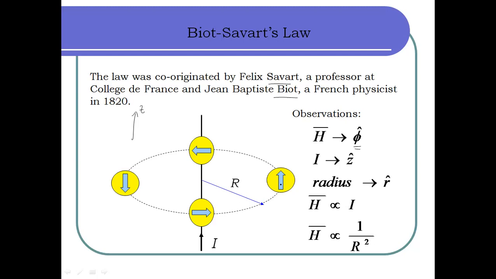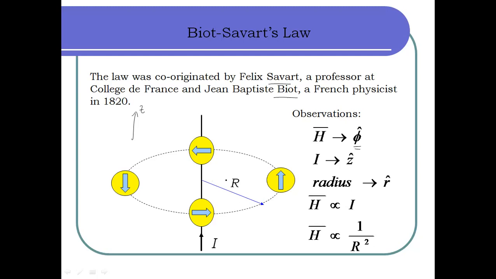This is given by the deflection of the needles, so the strength of the magnetic field intensity is represented by the deflection of the needle. It is also observed that the H field intensity is inversely proportional to the distance r squared.